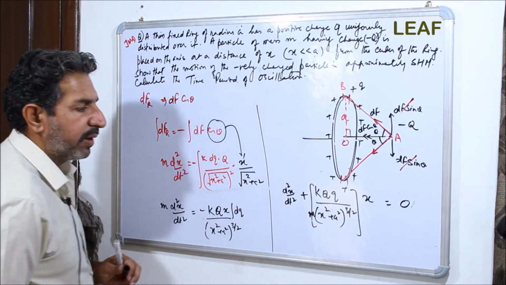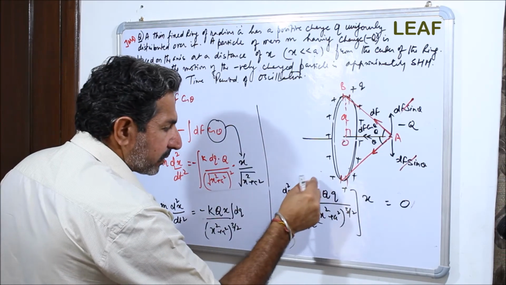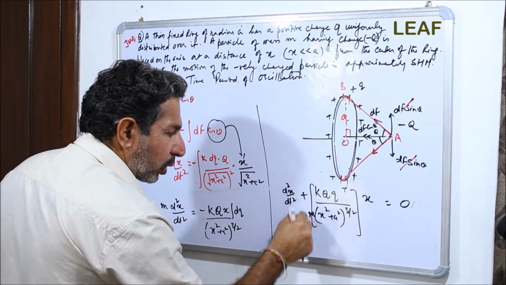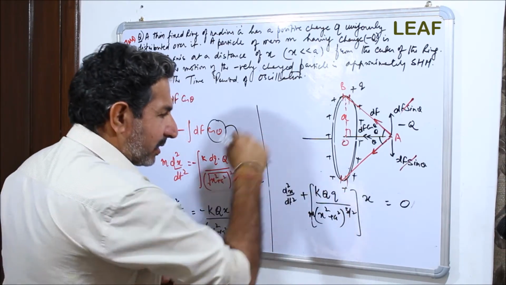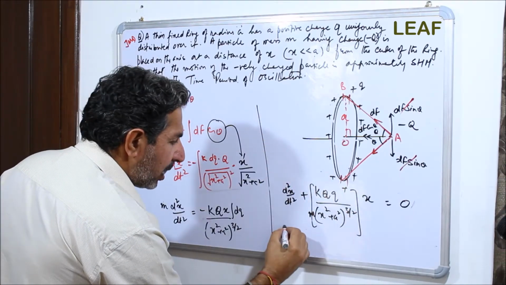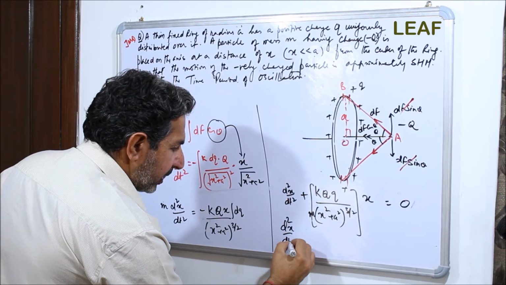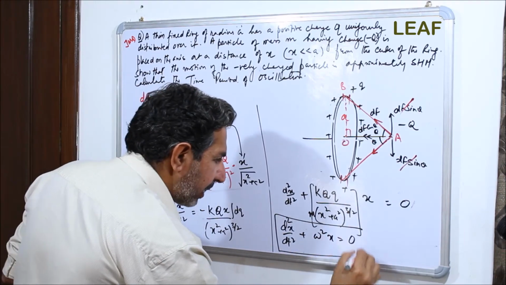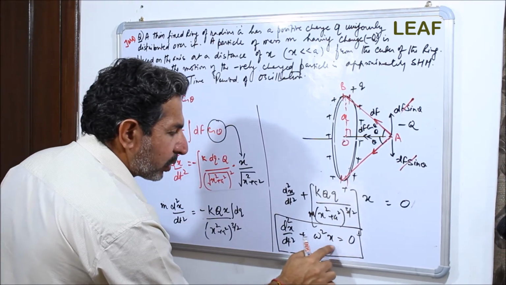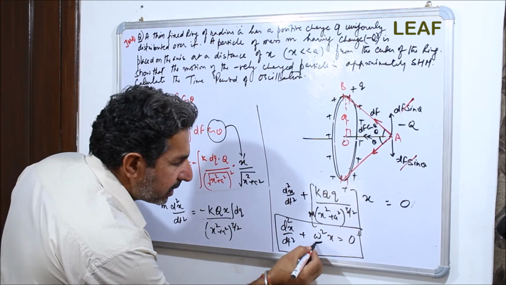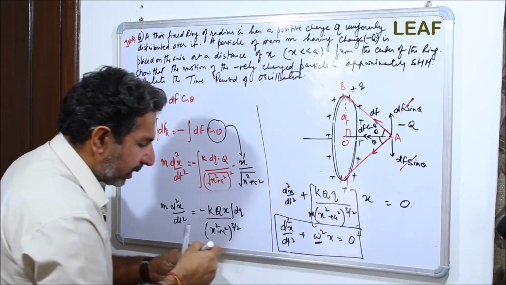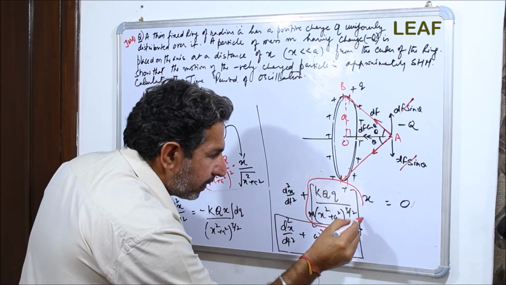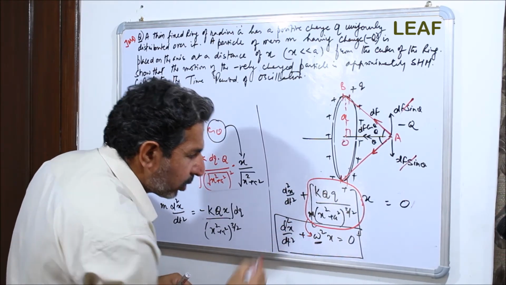So this is now going to become omega square. Why am I saying this? Because we know that this is the fundamental equation of SHM: d2x by dt2 plus omega square x is equal to 0. So this complete bracketed part will be omega square.